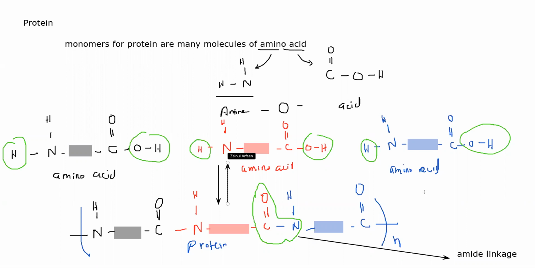Is it clear? Any doubt in this part? Copy the structure. What will happen to H and OH? H and OH will join together, and this is why we call it a condensation polymer, because it results in the formation of water.